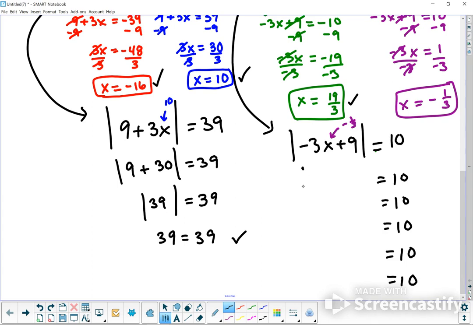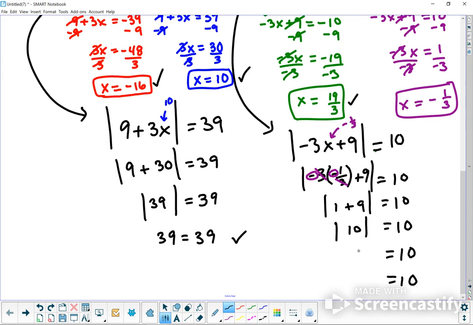I have the absolute value of negative 3 times negative 1/3 plus 9. I can cancel the 3's out, and negative times negative is positive. So I have the absolute value of positive 1, because that's what we have left right there, plus 9. That gives us the absolute value of 10.